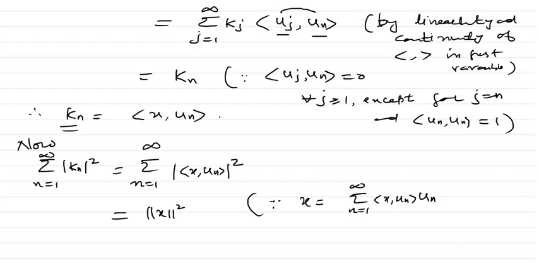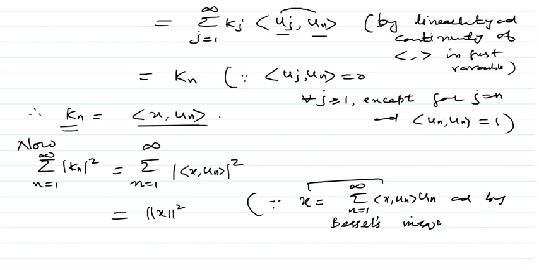By Bessel's inequality, equality holds if and only if x is equal to this, and here x is equal to this, because x is the series kn un, where this kn is equal to the inner product of x and un.